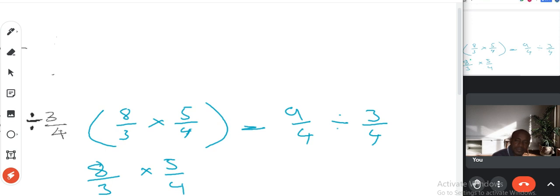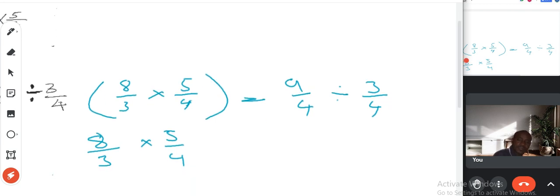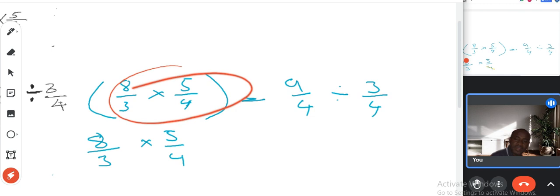Pardon? Okay. That means you want to simplify the bracket first because of BIDMAS.